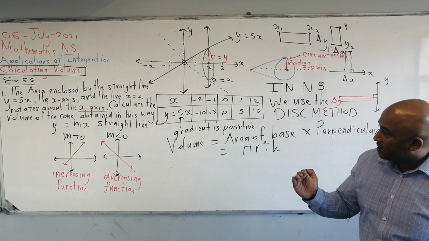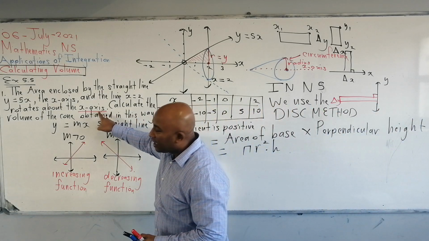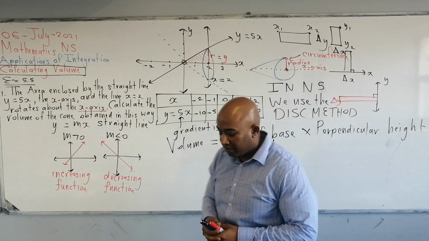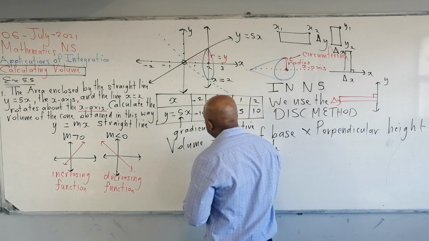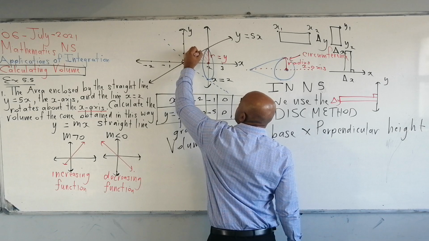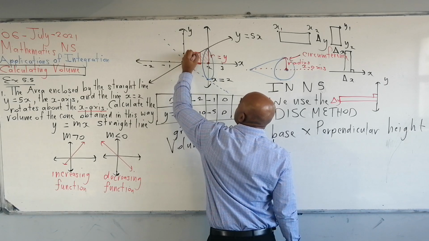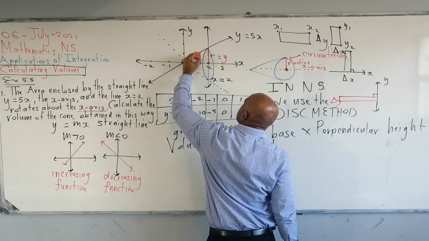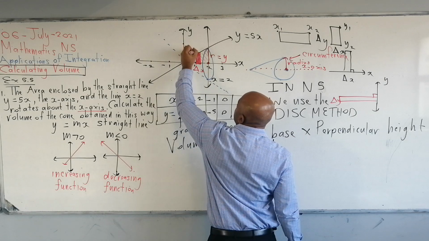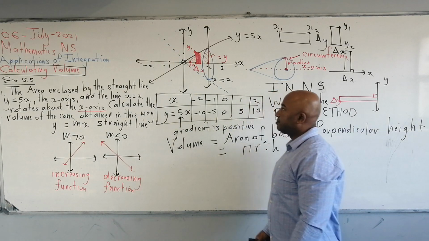Alright, so that is the theory here. So in this case, I'm rotating about the x-axis. That means I must use a representative rectangle with a breadth of delta x. So here's my representative rectangle. Here's my delta x, and there's my y1, that is y2.